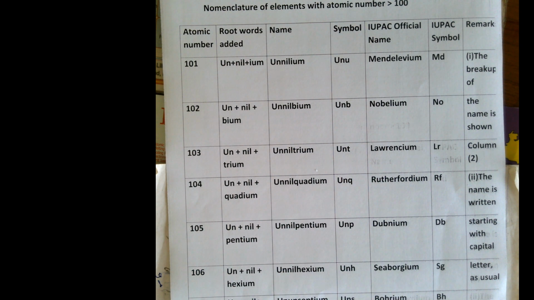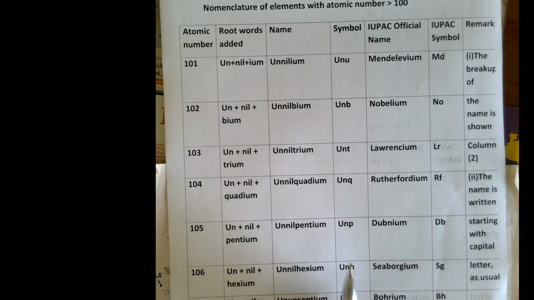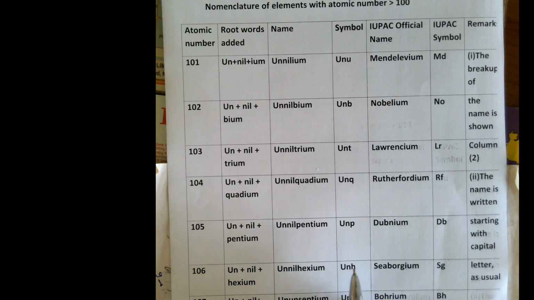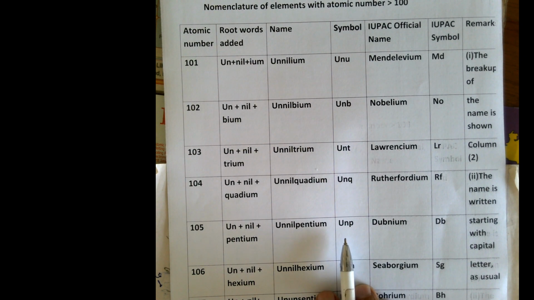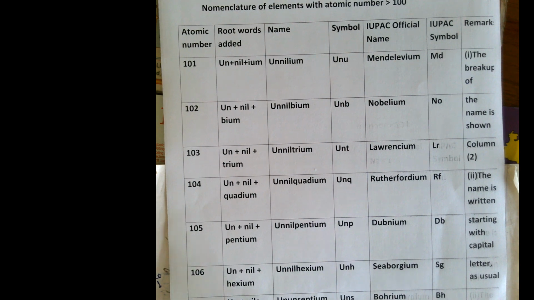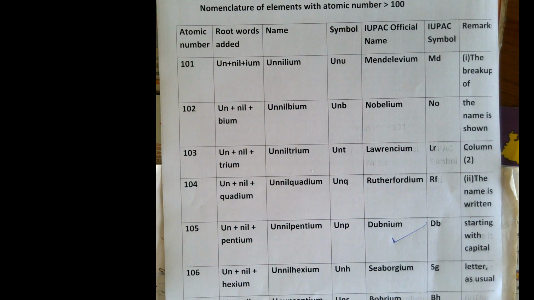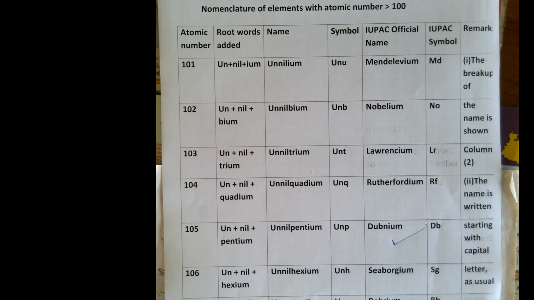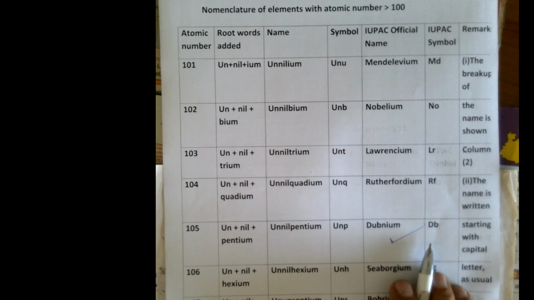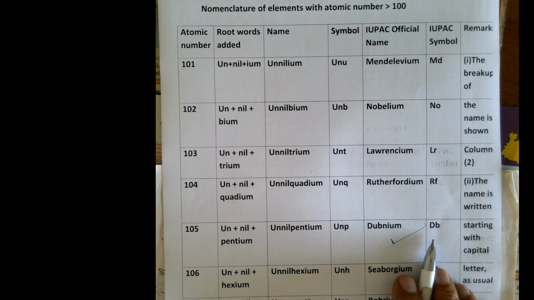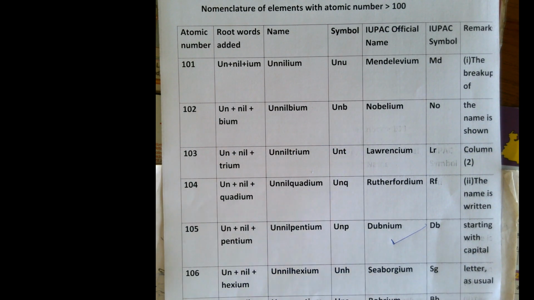Pent is 5, unnilpentium, and the short form of the symbol will be Unp, U capital N small p. And of course, later on it was identified and officially recognized by IUPAC as dubnium, having the symbol Db, starting with a capital.